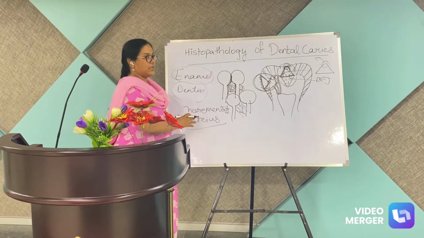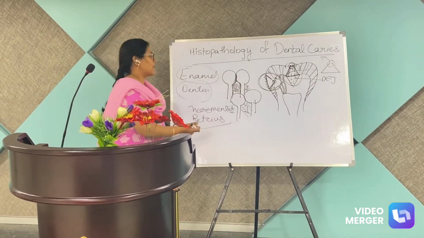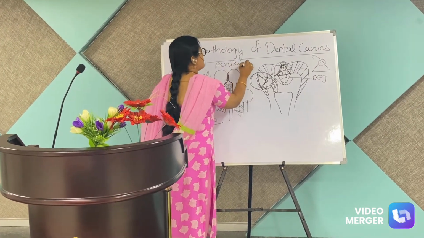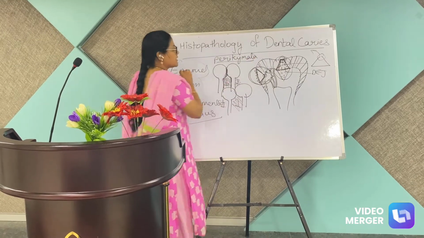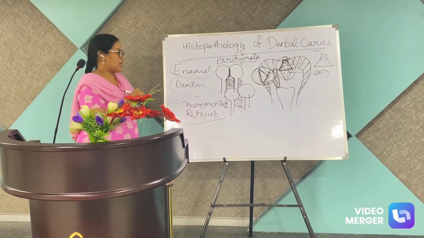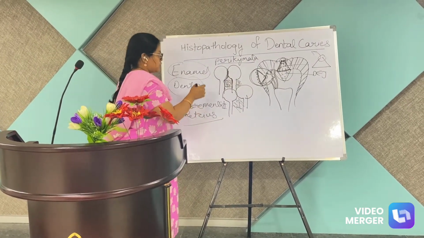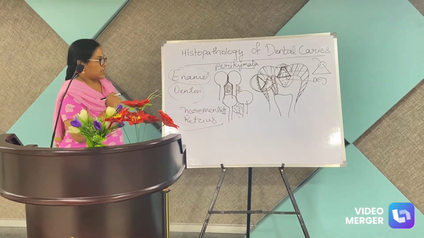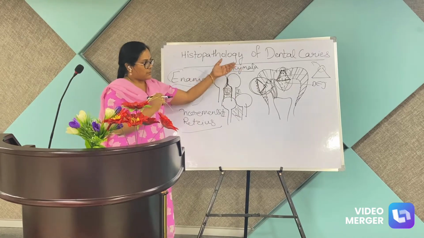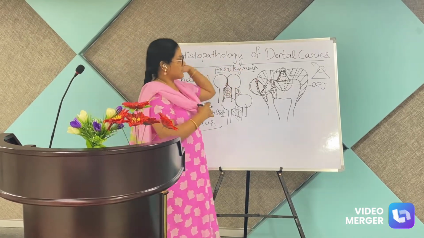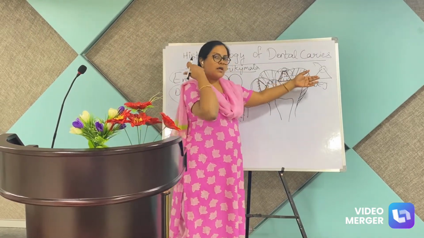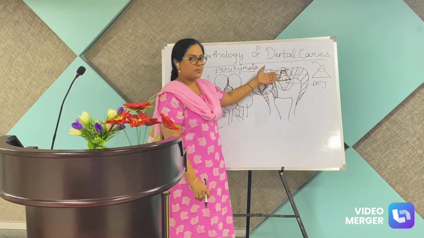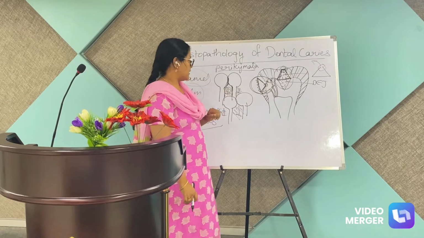And the external manifestations of these lines are called perikymata. So they also become prominent in the early carious lesions of enamel. This is what is basically observed in the early carious lesions of enamel. So we spoke about the shape of the caries, whether it is a funnel shape, and how the base and the apex are oriented in case of occlusal or pit and fissure, as well as the smooth surface caries.